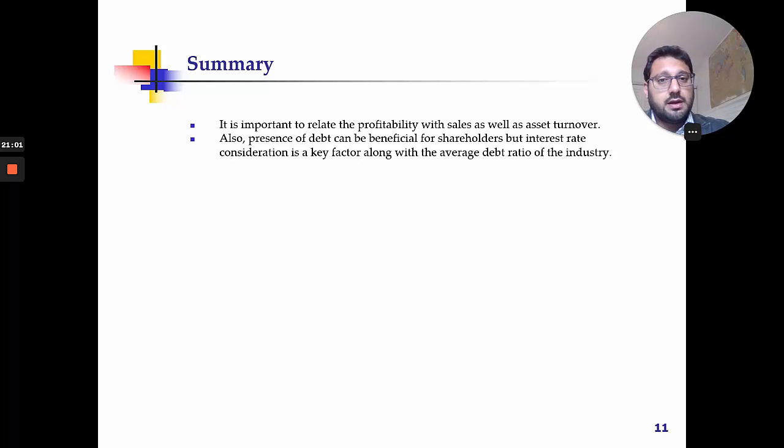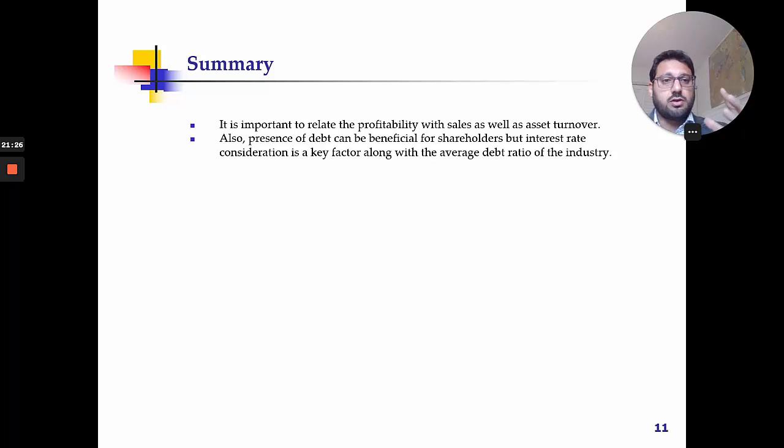You also have to see it in the context of asset turnover. Maybe the company is saving less from each dollar of sales, but in doing so, they are making more sales. And if there are more sales, meaning more asset turnover, then the collective impact on profitability can still be very high, right?